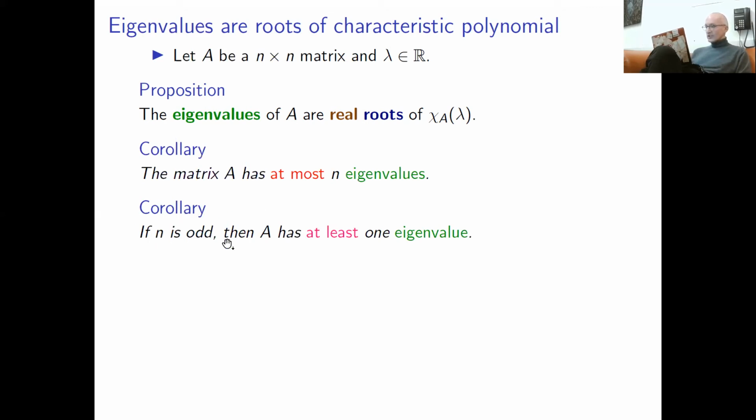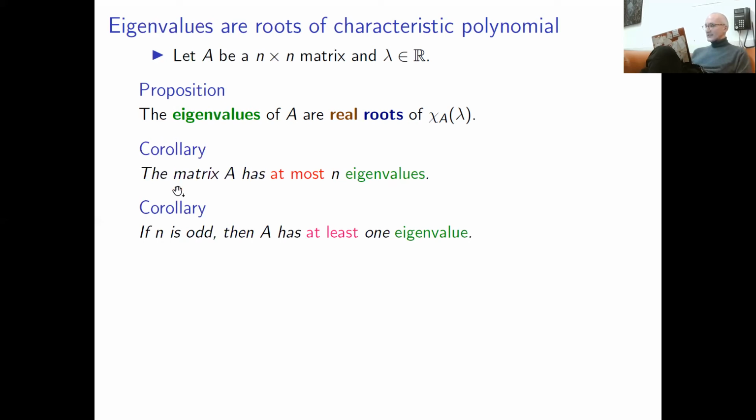If n is odd, then the characteristic polynomial is a polynomial of odd degree, and you know from calculus, from the intermediate value theorem, that polynomials of odd degree always have real roots. So in particular, if you have a 3 by 3 matrix, you can always find at least one eigenvalue.